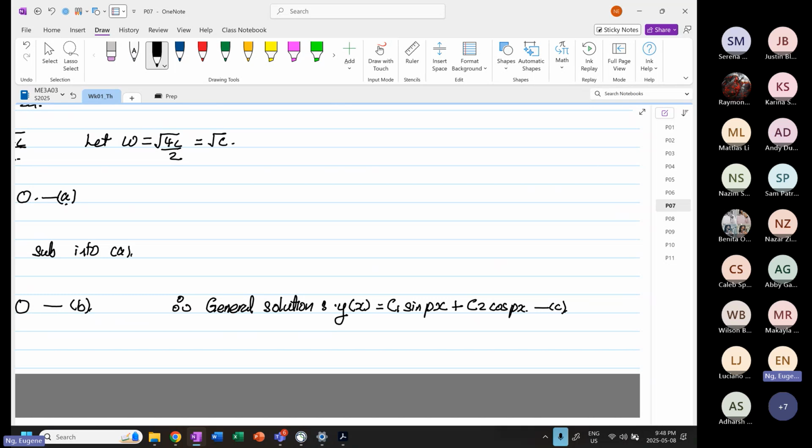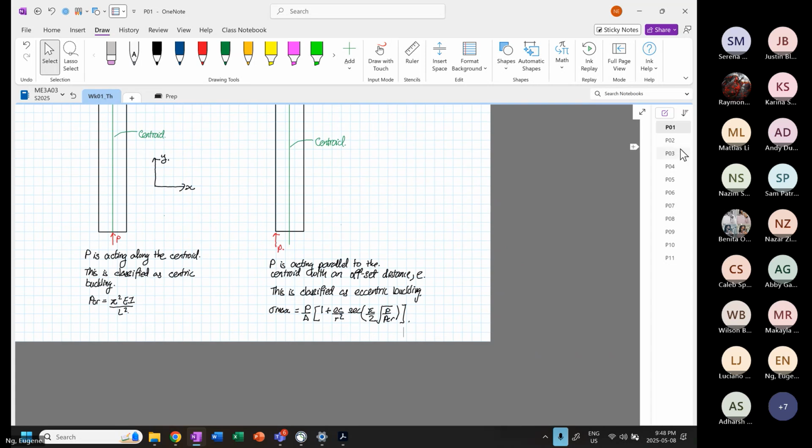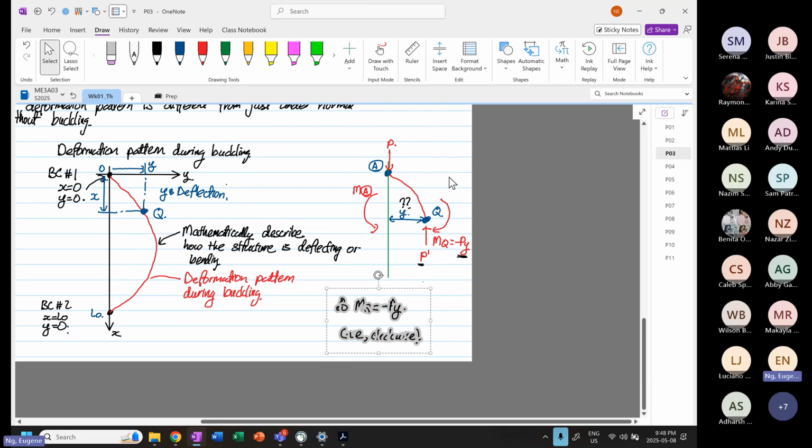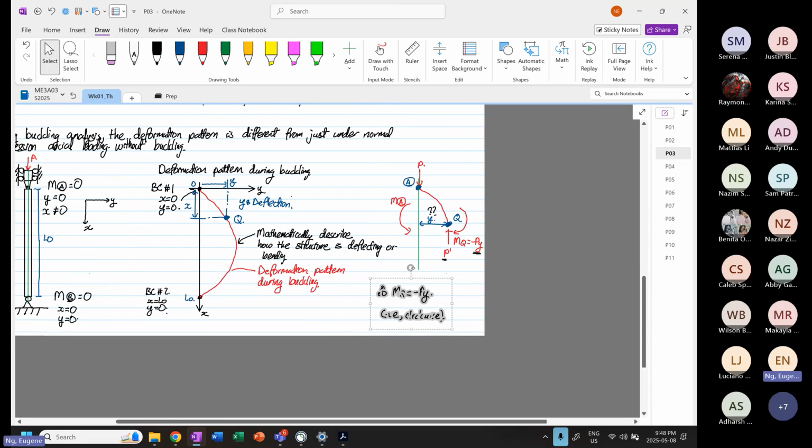Now to make the solution unique, we have to consider our boundary condition, like what we have done with elastic curve. Remember, now we have to bring back our boundary condition. So we come back to here. Where did we draw the boundary condition? Yep, this diagram over here. I'm going to take the whole thing.